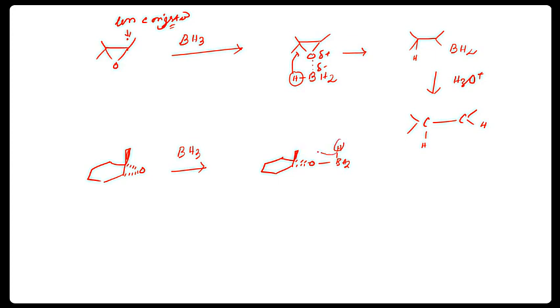Hydrogen will be transferred from these sides, and this is delta plus, delta minus. So boron will come to this end. I'm not showing the stereochemistry here, but rather here I am showing it. Hydrogen, this is OH, and H3O plus.